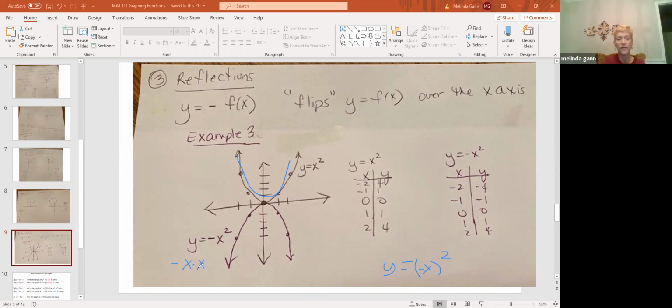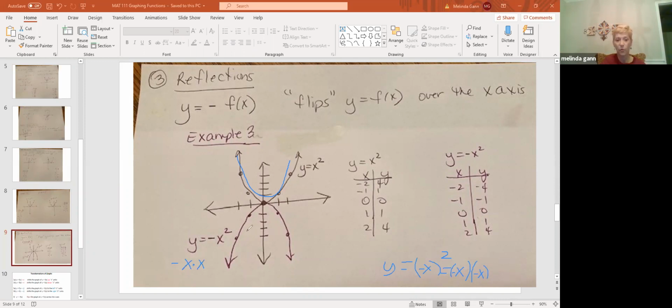So the only thing that's multiplied by itself twice is just x, not the negative. Over here, what precedes that exponent is the whole parenthesis, so that's negative x, one parenthesis times another parenthesis. Do you see how they're different? Over here, a negative x times a negative x would be a positive x squared.